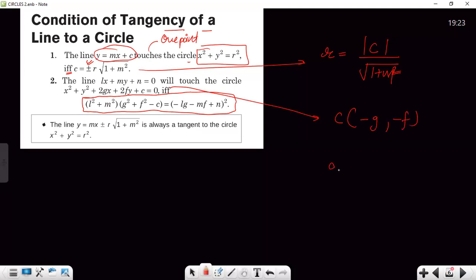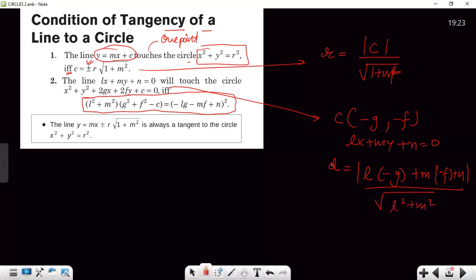So the distance between the center and the line Lx plus my plus n equals 0: in place of x I write minus g, in place of y I write minus f, so it is modulus of minus Lg minus mf plus n, divided by square root of L square plus m square. This has to become equal to r for it to be a tangent.